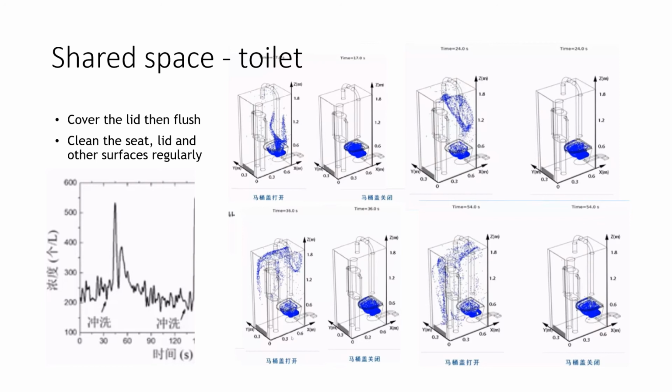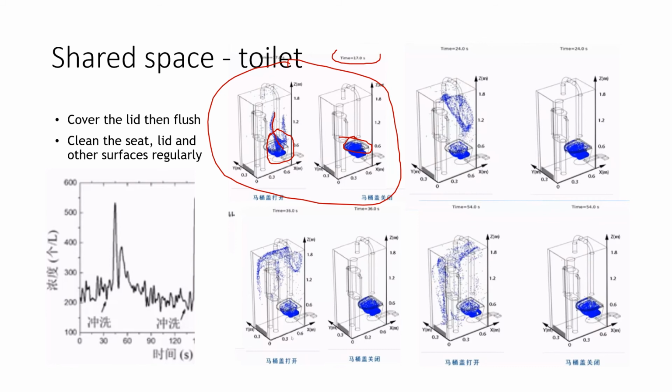So therefore, it's crucially important that when you flush, you cover the lid. So here we have two examples for comparison. This is with the lid open, and the flush will activate and allow those particles to escape out of the toilet and go up into the space. With the lid covered, you don't see too much.